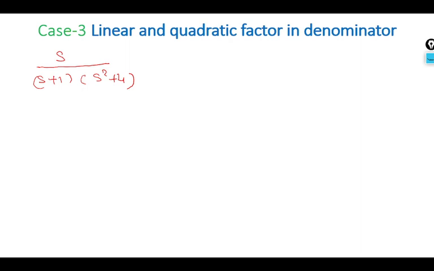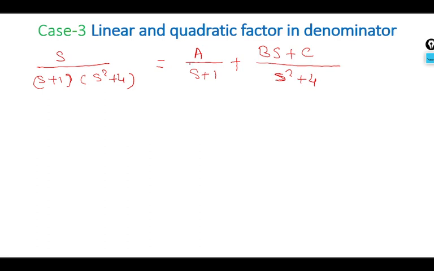So the partial fraction that we have for this is a upon s plus 1, plus bs plus c upon s squared plus 4. For this case, whenever there is one linear and one quadratic, I suggest cross multiplication and substitution works there. That's better.